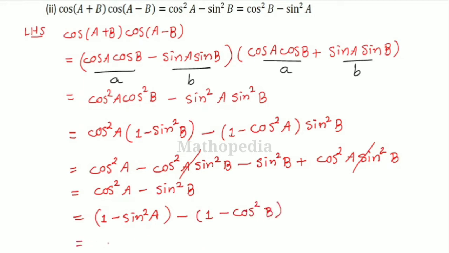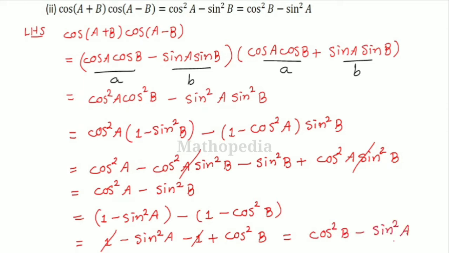This is equal to 1 minus sin²A minus 1 plus cos²B. Plus 1 and minus 1 get cancelled. So we have cos²B minus sin²A. And this is equal to the second part of the answer.